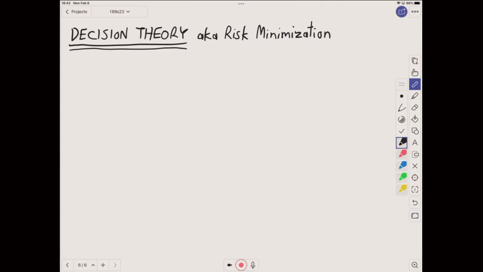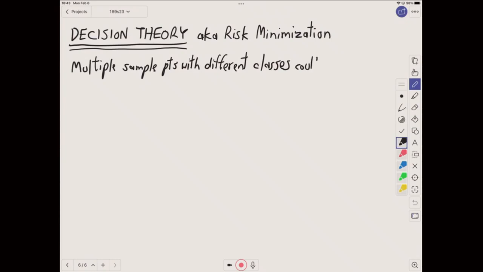So the first issue: multiple sample points, possibly including multiple training points that have different classes, could lie at the same point. For that reason, we want a probabilistic classifier that will tell me, given a 5'5" adult, what is the most likely sex for that person.